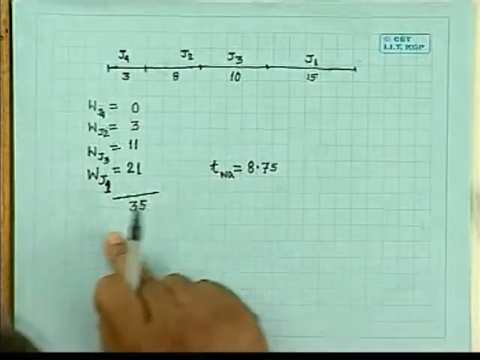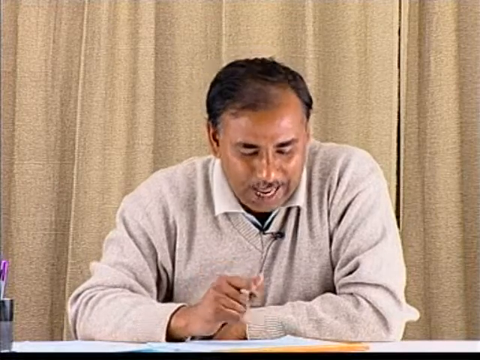You might have noticed one thing in the second kind of scheduling: the job which has been selected for execution first is the job which takes minimum time, and the job selected for execution last is the job which takes the longest time. So the approach is that all the shorter jobs you try to execute first, because the waiting time of a job depends upon how much time the jobs executed before it are taking.